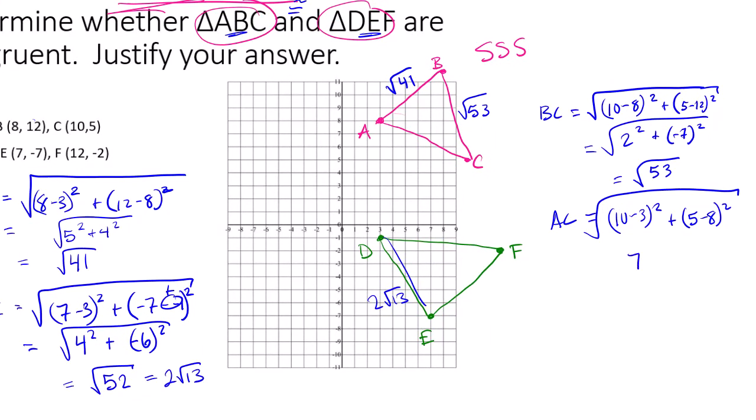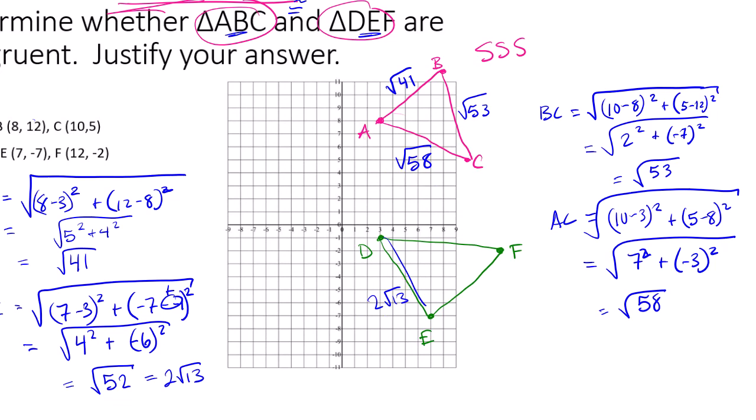All right, so it'll be 7 squared plus negative 3 squared. So that's going to be 49 plus 9, which is 58. So we get the square root of 58, which is 2 times 29. No perfect squares that go in, or no pairs. And so root 58. So none of these sides here are the same as DE.